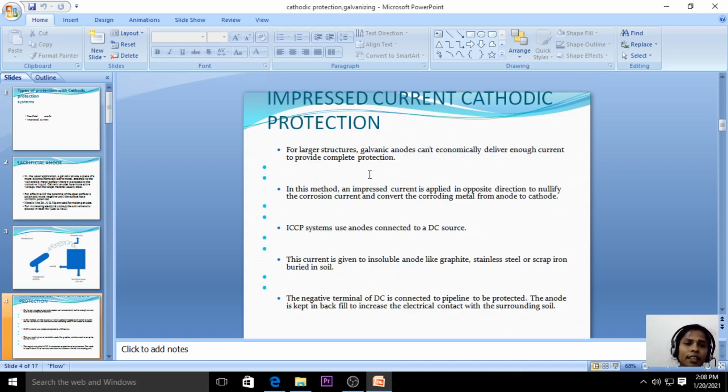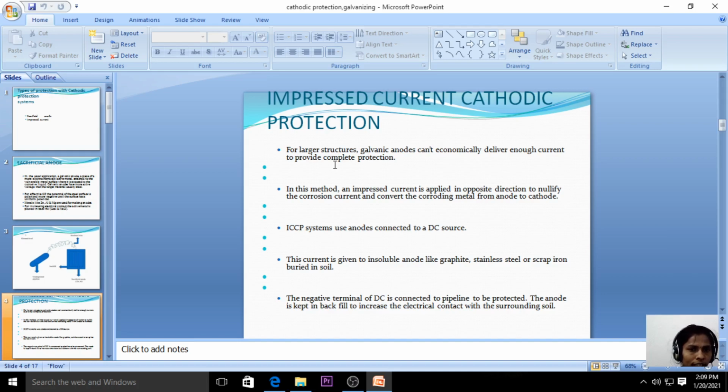Now let us see the next cathodic protection, that is impressed current cathodic protection. Impressed current cathodic protection is especially used for the largest structures. For large structures, galvanic anodes cannot economically deliver enough current to provide complete protection.